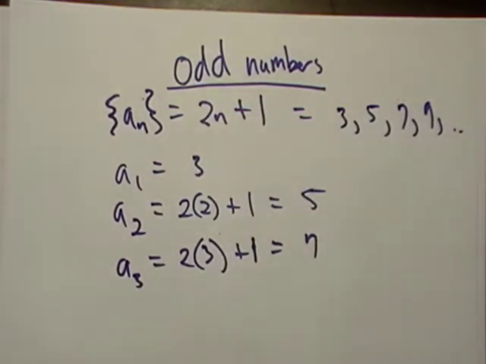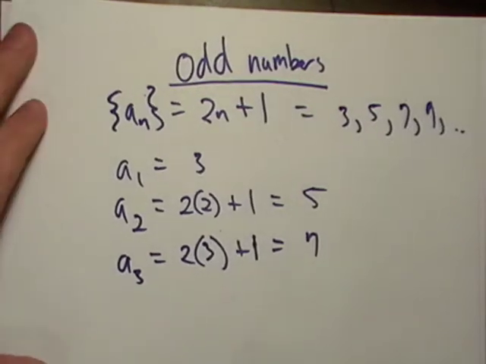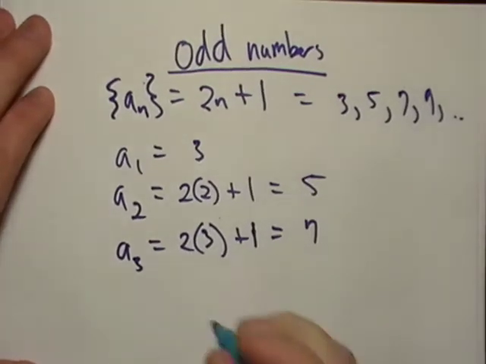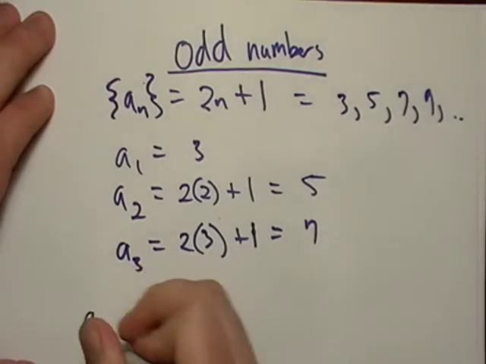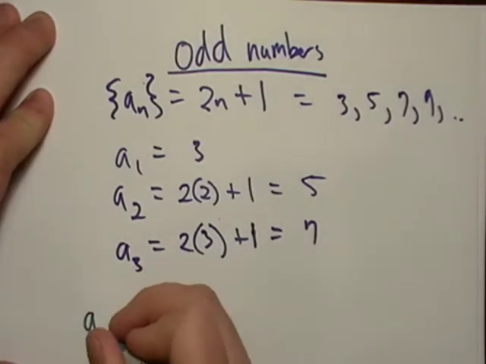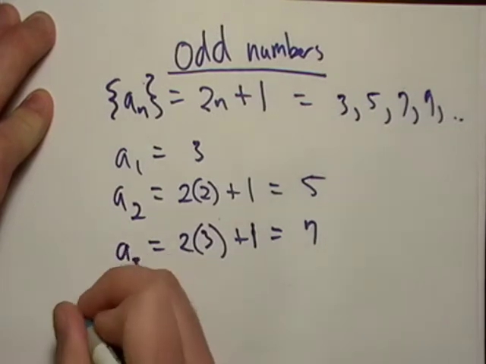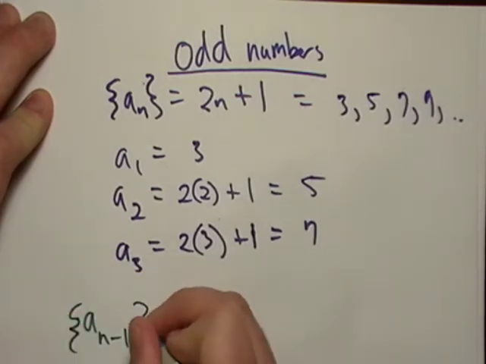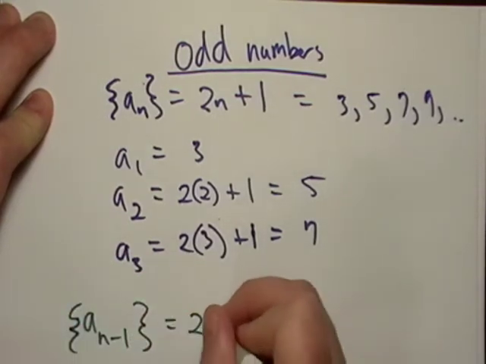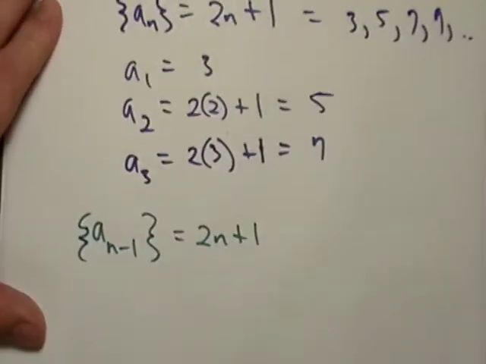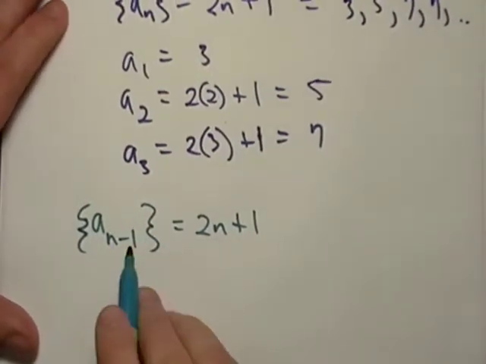Well, there's a little trick we're going to do here. We're going to do what's called re-indexing this thing. So instead, I'm going to say a sub n minus 1 is equal to 2n plus 1. Now look what happens when we do this.